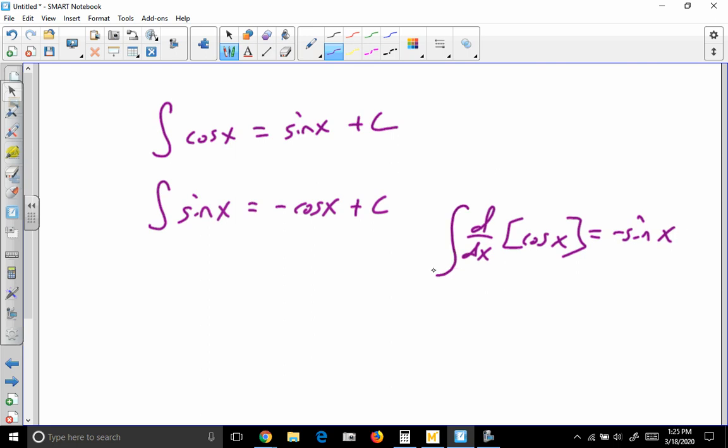If we integrate both sides, essentially the integral and the derivative cancel, and we could multiply both sides by a negative, and that would become negative and that would become positive. So the integral of sine is minus cosine.